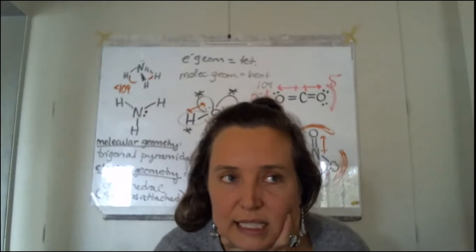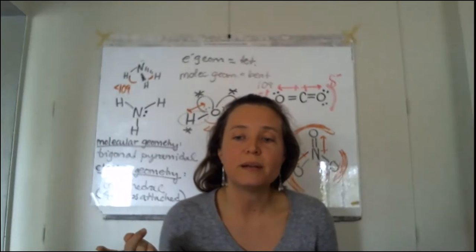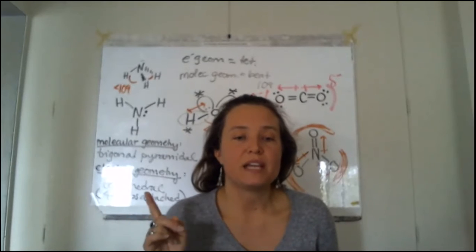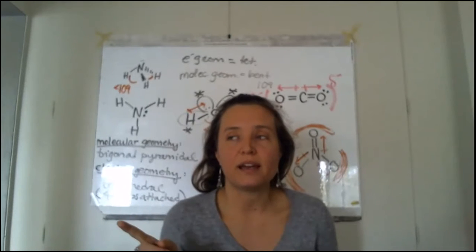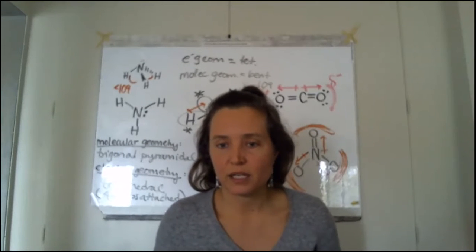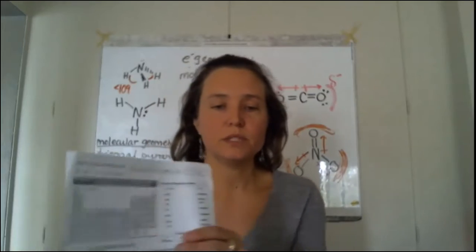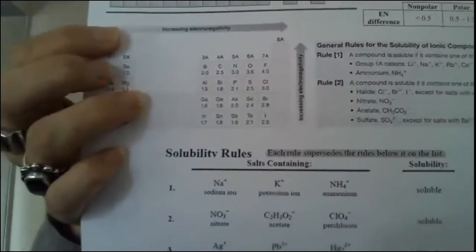That's true. It's all connected, but you're right. The polarity of the bonds, I think, is what you mean. Not so much the polarity of the atom, but the electronegativity of the atoms, and therefore the polarity of the bond is done with this chart here.